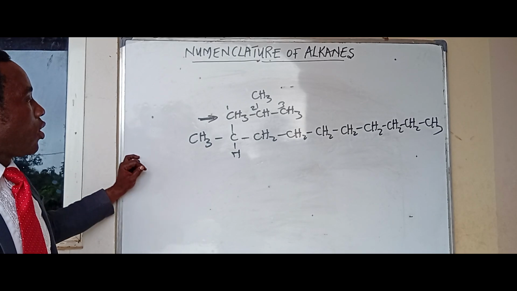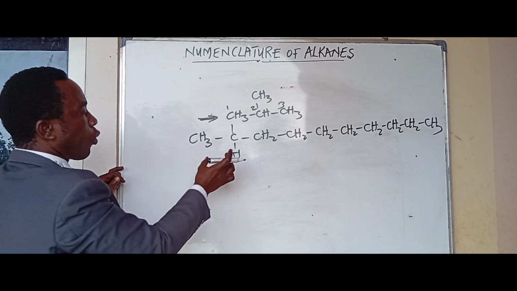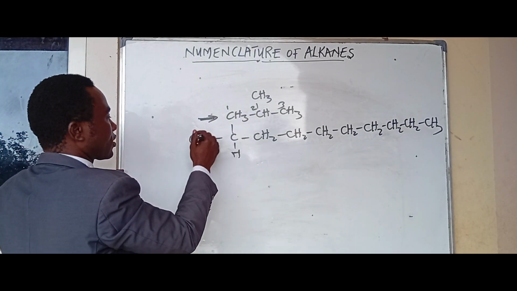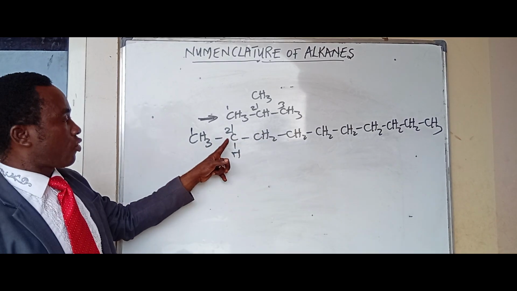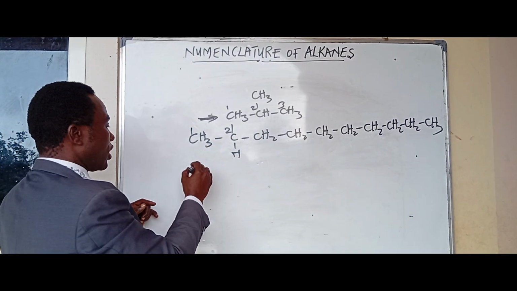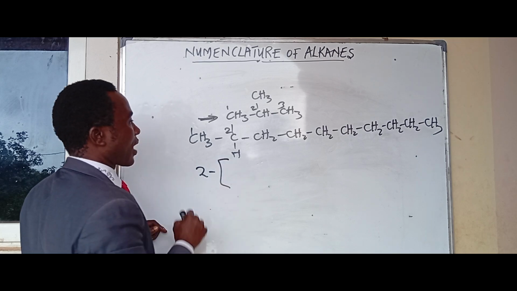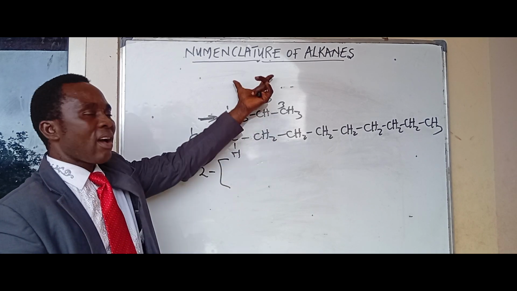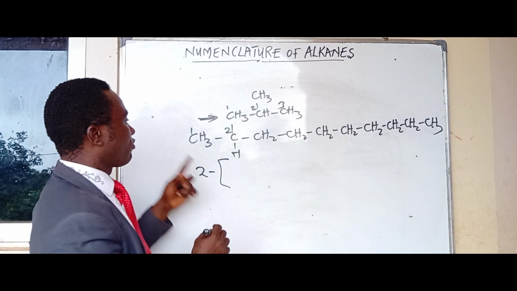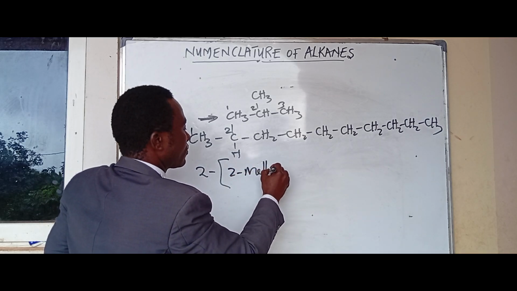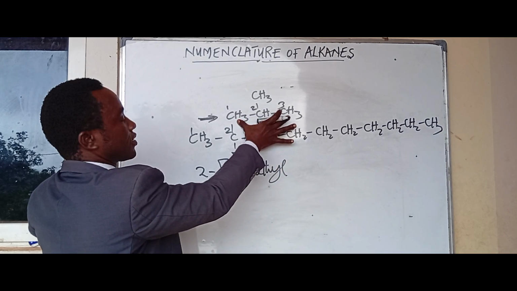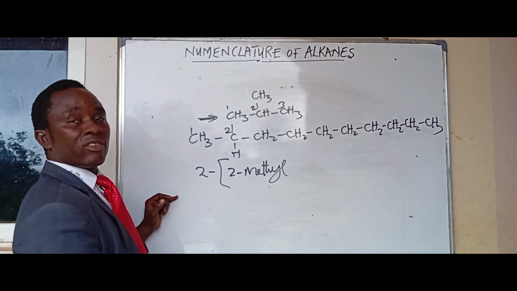So having that, how do you name it? At what position is this substituent? 1 and 2. The substituent is at number 2. So it has to be 2. Use a bracket because the substituent is having its own substituent. So it becomes 2 methyl, because upon this substituent, the other substituent is at number 2 also.